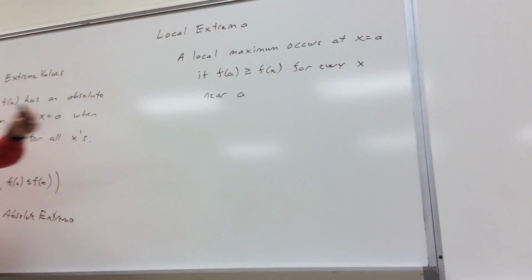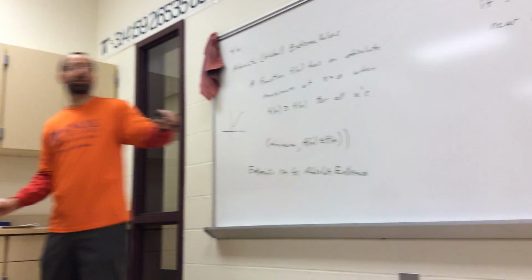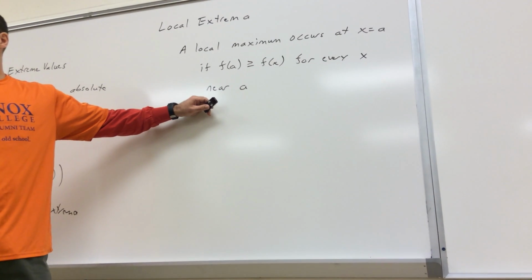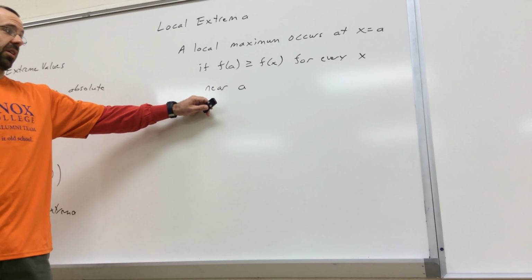The local maximum occurs at x equals a if f of a is greater than or equal to f of x for every x near a.